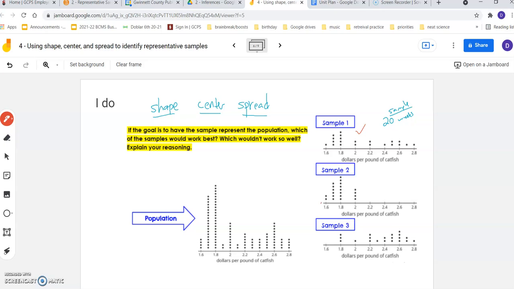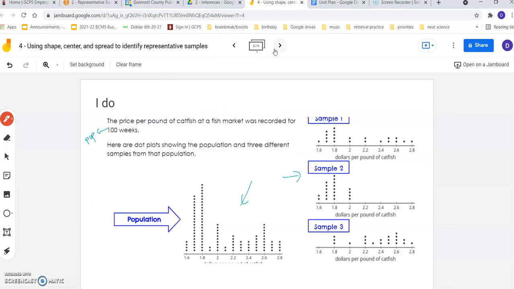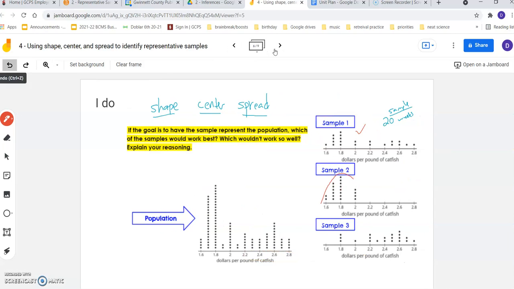Sample 2 has the big spike at the beginning, but then there's nothing above $2. There's nothing out there. And there were lots of weeks that had more than $2 price. So in terms of shape, that one's not very good.